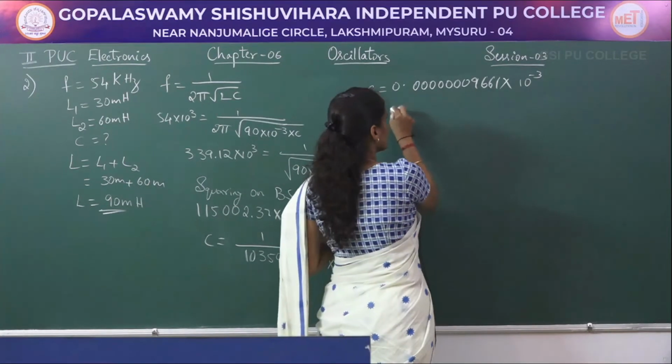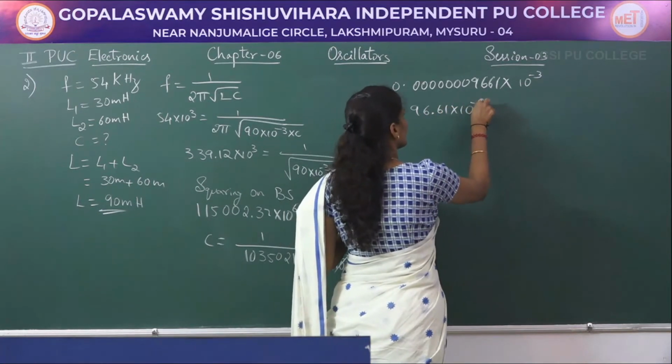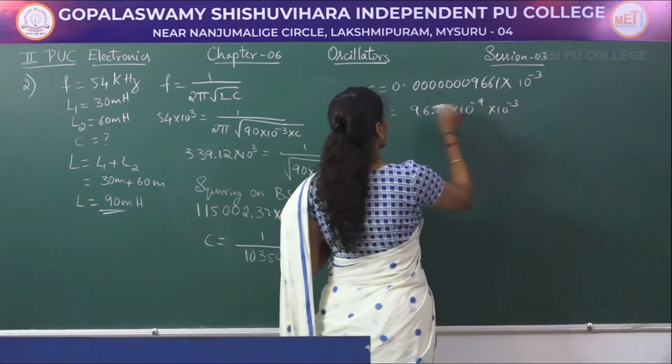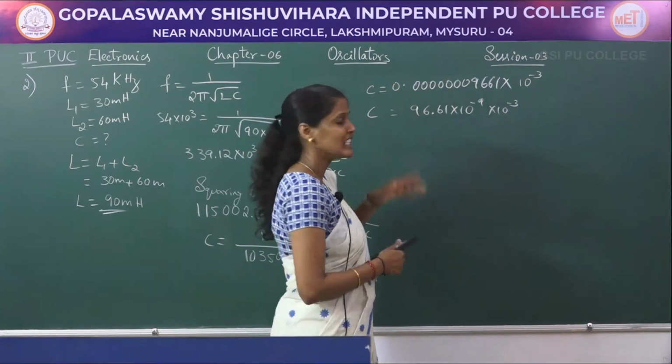So if I shift here, 96.61 into 10 to the power of minus 9 into 10 to the power of minus 6, because I have shifted this point towards the right 9 places.